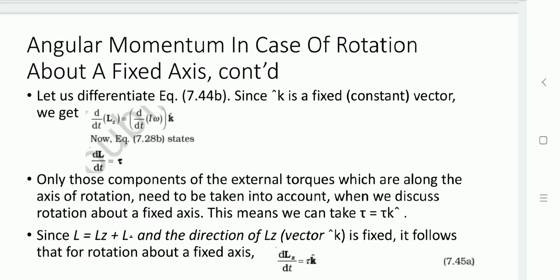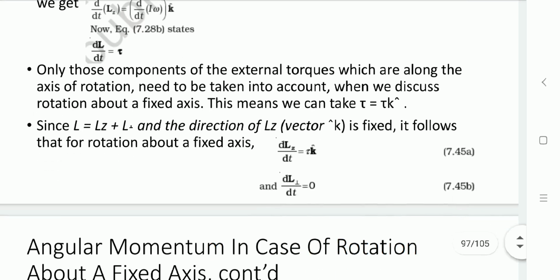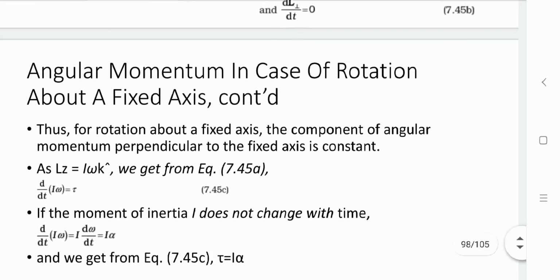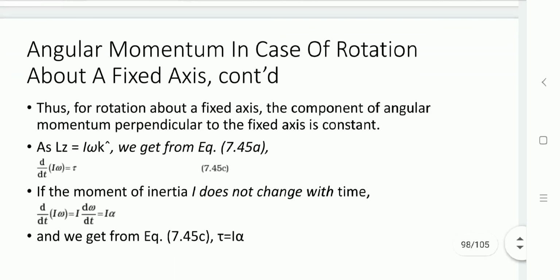So for rotation about a fixed axis, the component of angular momentum perpendicular to the axis is constant. So Lz equals I omega k and d(I omega) by dt equals tau. So I d omega by dt equals I alpha, and tau equals I alpha.